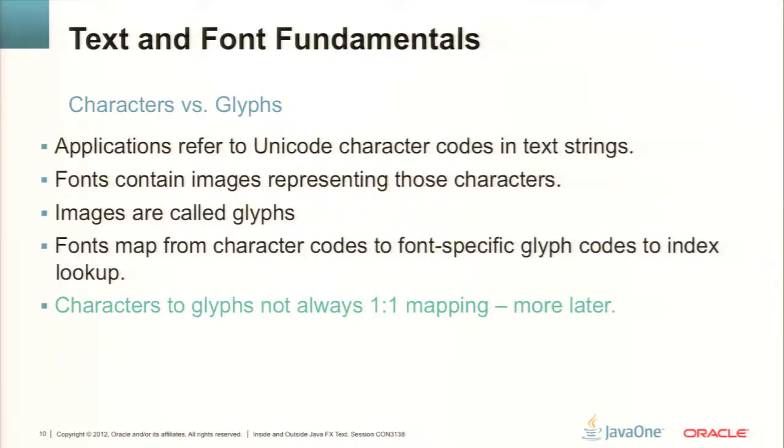And so there is a mapping from the Unicode code to the glyph code, which is a font-specific reference. By mapping through from the glyph code, you get through to the outline of the font, and eventually you can get at the image by the process I talked about earlier.